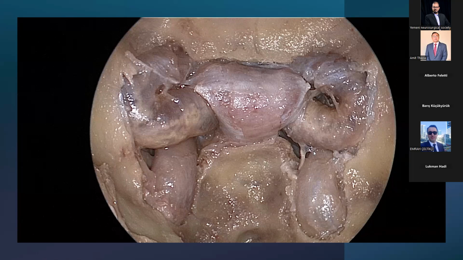So it's very important to understand it's not only a venous system, it's venous anatomy. It bleeds when you open, but it's also an anatomical structure you deal with, which includes especially the nerves and the arteries.